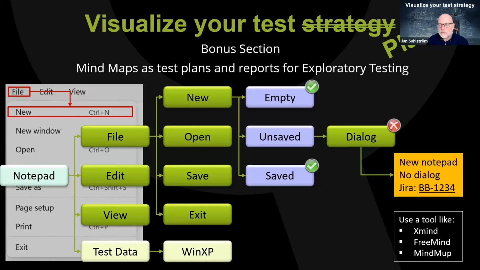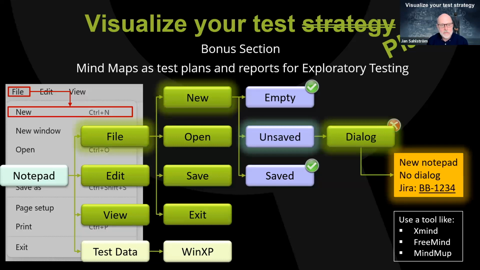This is a hypothetical thing, but say that you find an issue, which I found on the dialogue. I add that to our Jira, and anyone that sees this can follow my steps up until that point. They can open the Jira ticket from the mind map, and they can work with it. This has worked really well with handing over issues to developers and reporting.